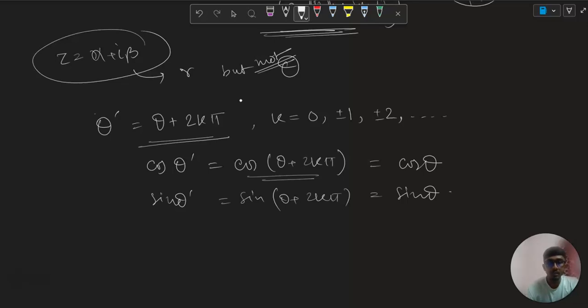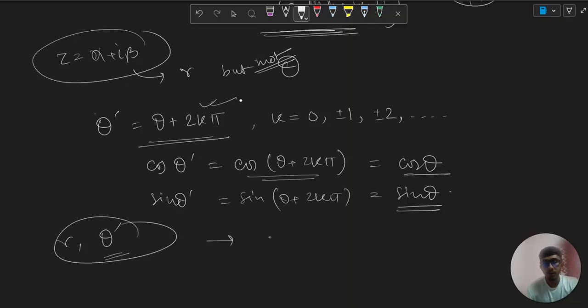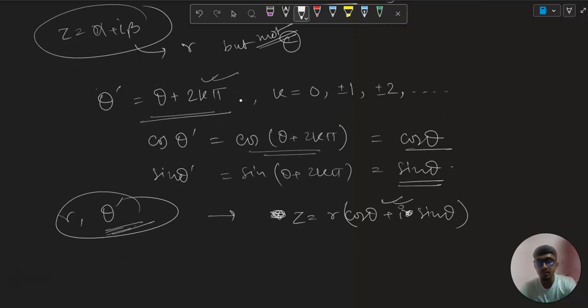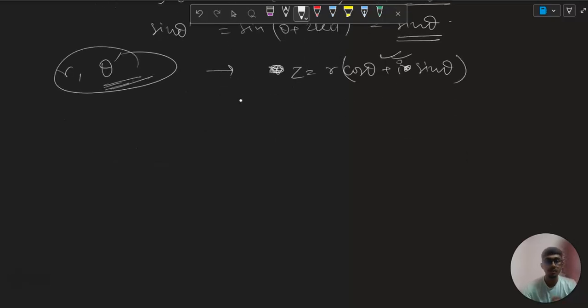So for all the values of k, theta dash will give the same cos theta and sin theta. What I'm trying to say is that for all the values of theta dashed, r comma theta dashed, we will get the same z equal to r cos theta plus i sin theta. For all the values of theta dash we get only this one number. So we can easily see that theta is not unique in this case.